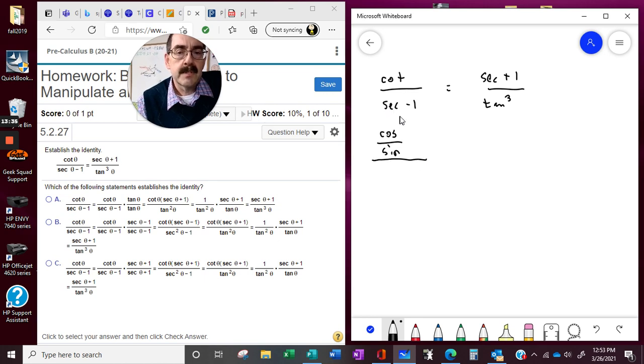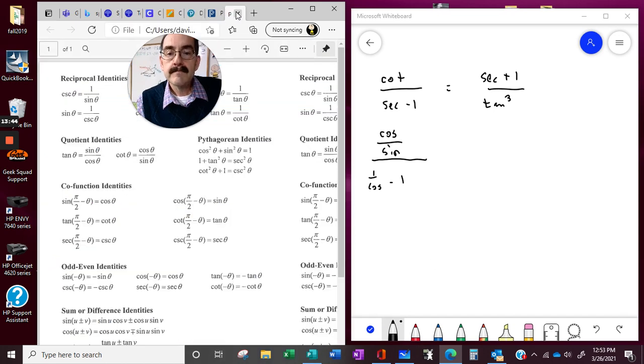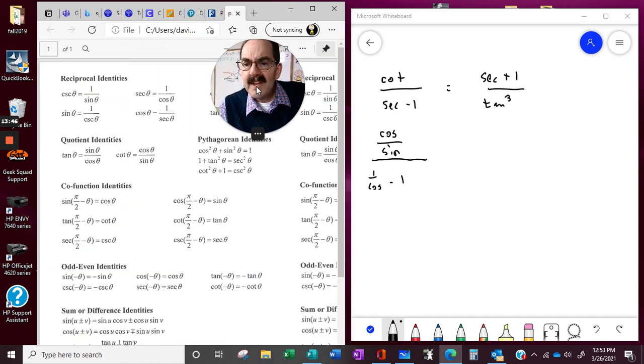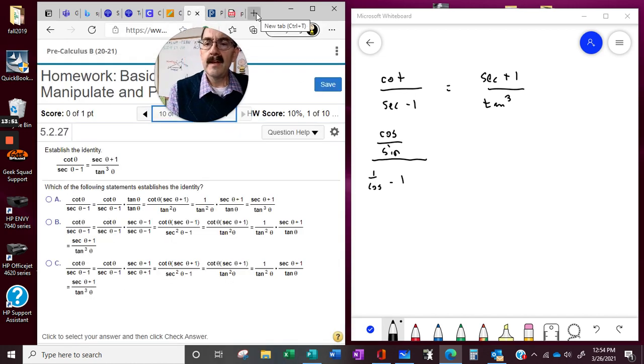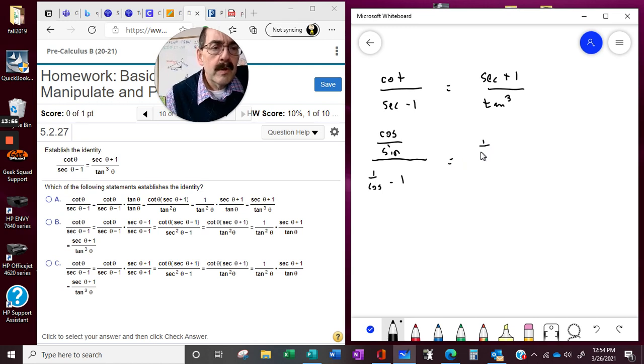Secant is the cosine, right? 1 over cosine minus 1 over cosine equals 1 over cosine plus 1 all over tan cubed.